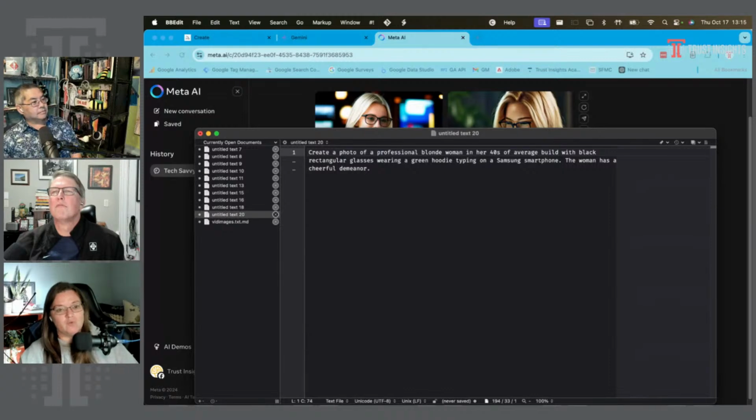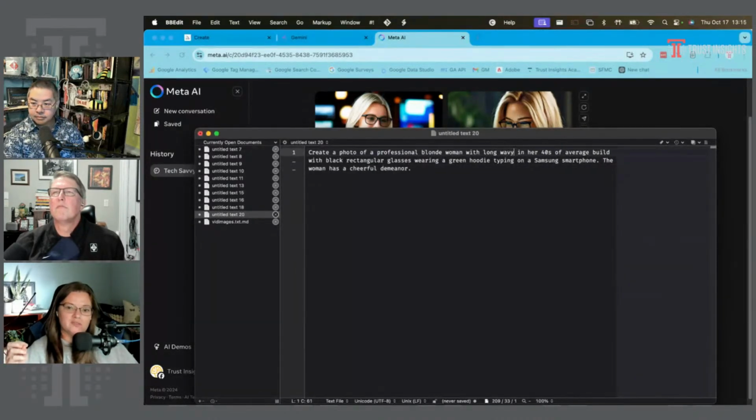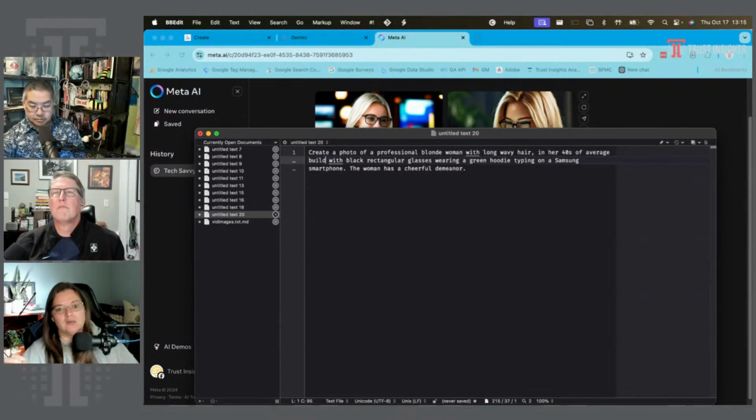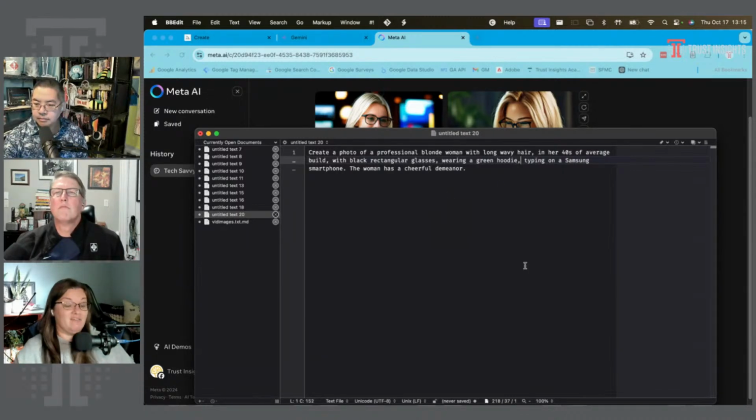A blonde woman with long wavy hair. I'm not changing your prompt drastically, but I'm trying to give it more detail, so that if it's meant to be someone who looks like me, I have to give it that information. The other thing I would say is with a round face, because all of these faces are very angular.